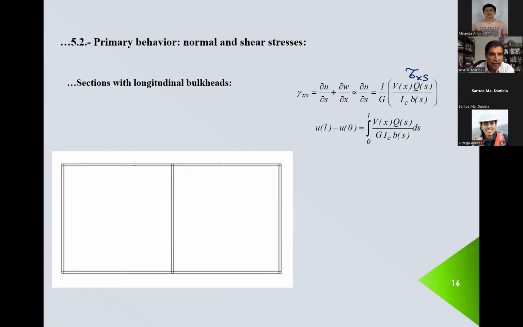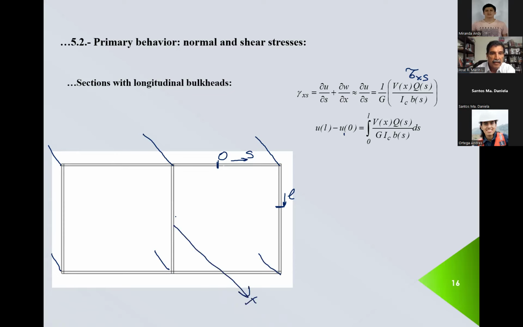So we could start, for example, here, this is s, and I could integrate up to here, and this is L. And the result will give you this point here. Remember that, let me draw in 3D, something like this. So this is a ship hull. This is the x direction.